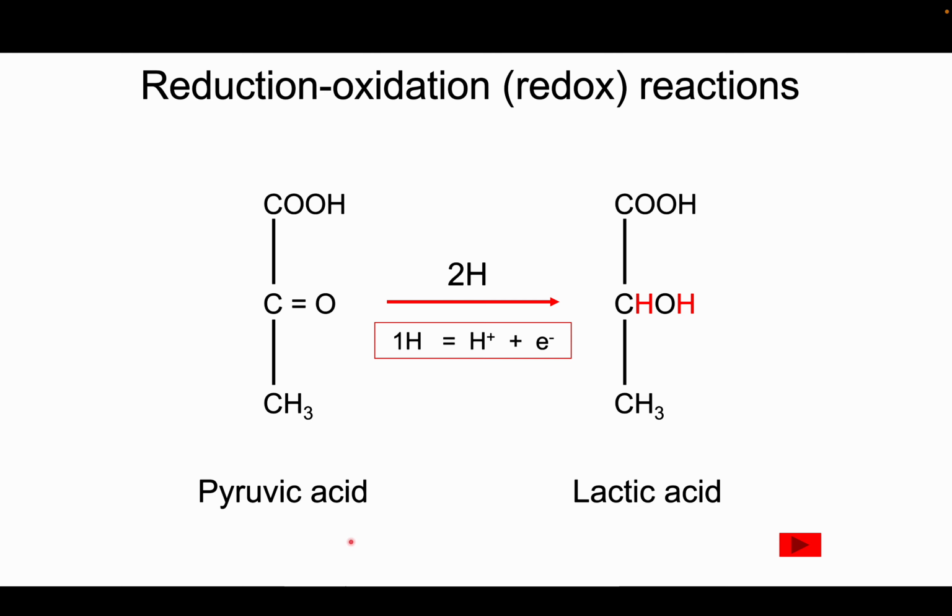In this example, we are showing pyruvic acid transformation to lactic acid by giving off hydrogen, by giving off electrons. Pyruvic acid transforms to lactic acid, a reduced form of it.